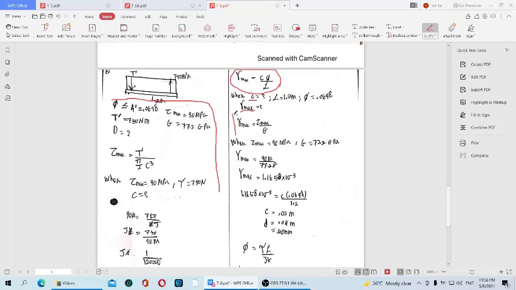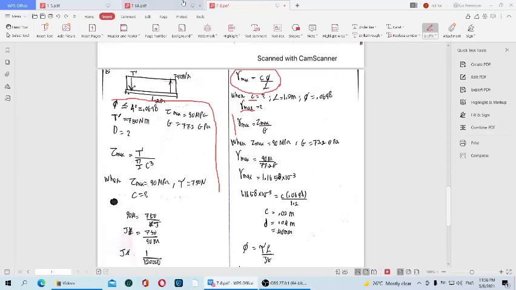We have another equation for the relationship between shearing strain and shear stress over the modulus of rigidity. You know the maximum shear stress, tau maximum, which is the allowable shearing stress of 90 megapascal.